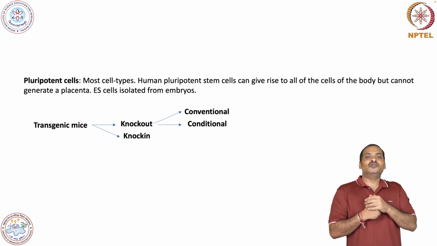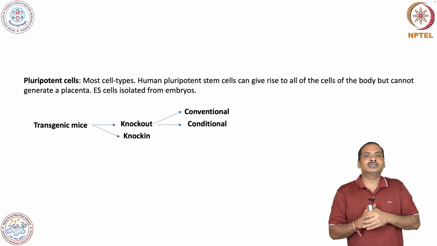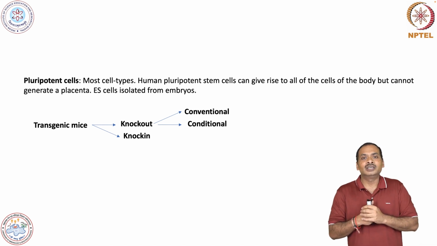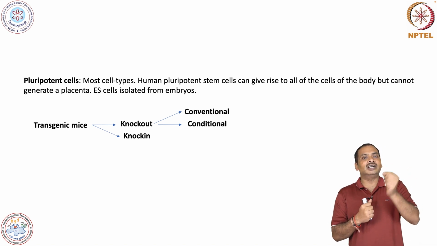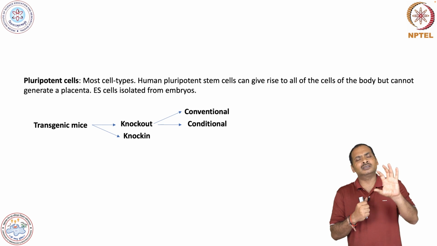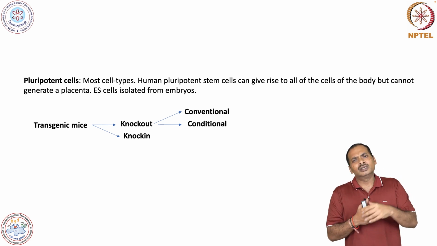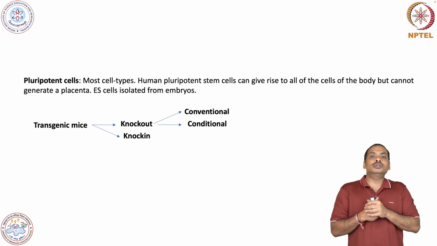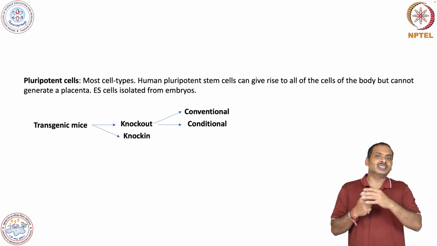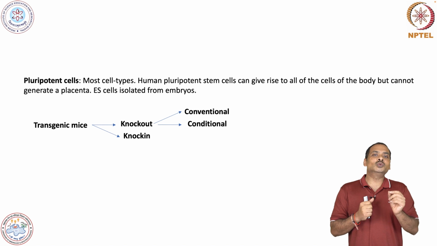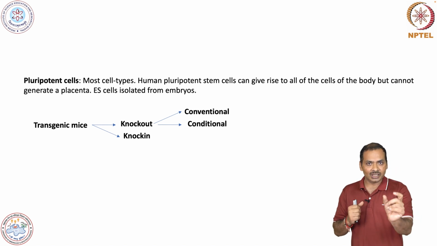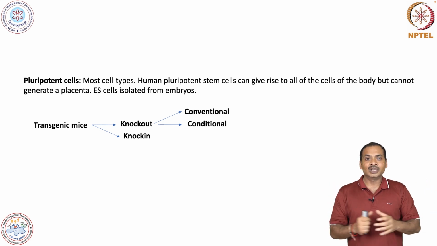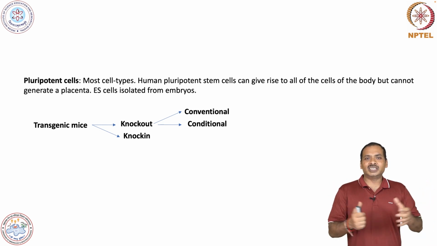For example, some pathogen or antigen is playing an important role in macrophages or dendritic cells. When you are creating a conditional knockout mouse, you will knock out this gene only in dendritic cells or macrophages, not other cells. So this is a very complex technique.